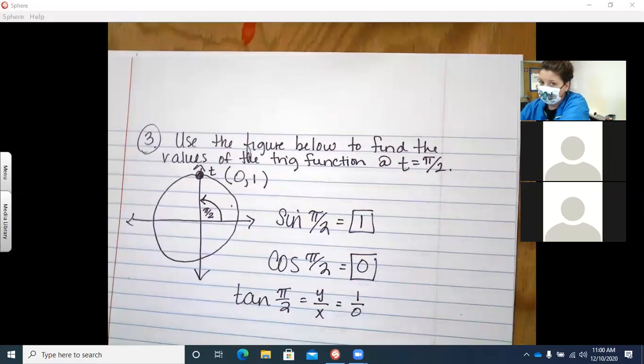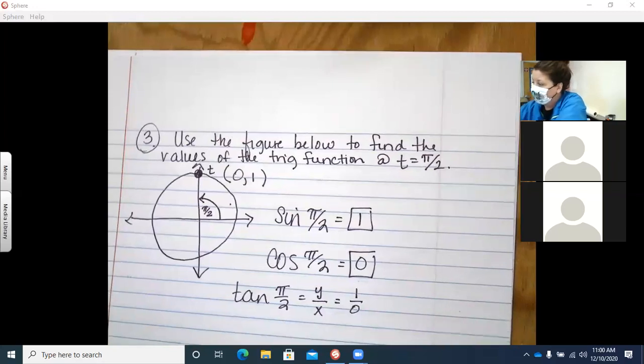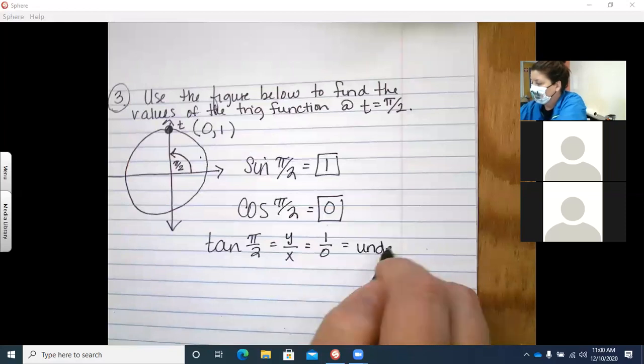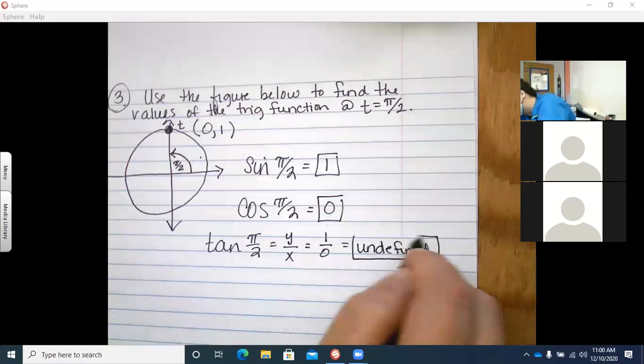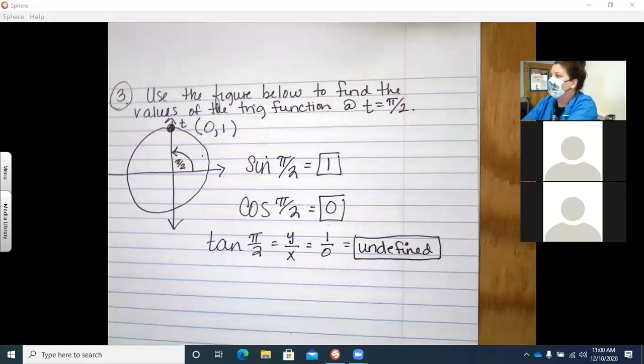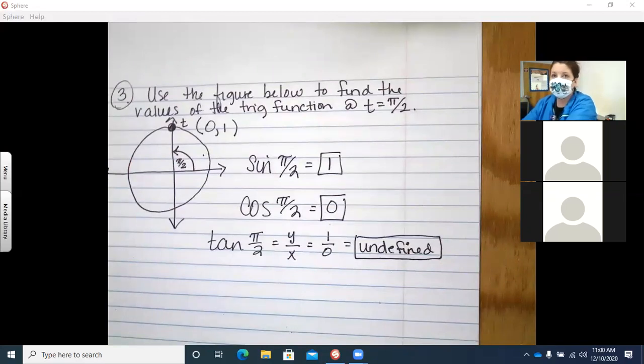Last time I checked, you can't have 0 in the denominator of a fraction. So it's undefined. You cannot have a 0 in the denominator. What if the 0 is in your numerator? Is that undefined? No, that reduces to 0.